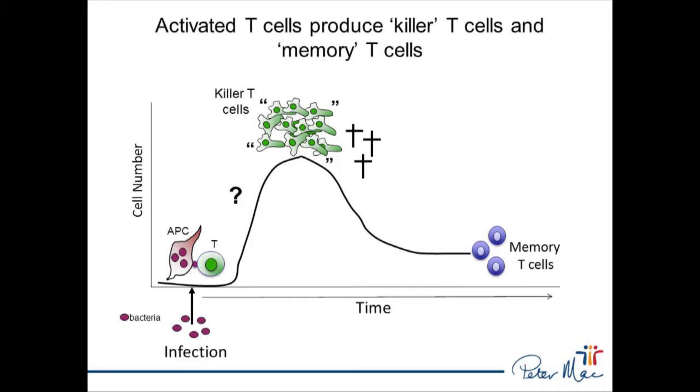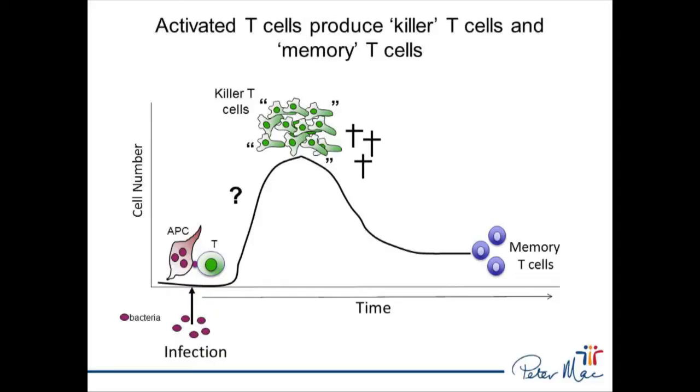To become activated, T cells need to interact with another type of specialised immune cell called an antigen-presenting cell. So, for example, during a bacterial infection, these specialised antigen-presenting cells will engulf the bacteria, process it into small fragments, and then present those fragments to the T cell. Now, this intimate communication between these two cells is critical for T cell activation.